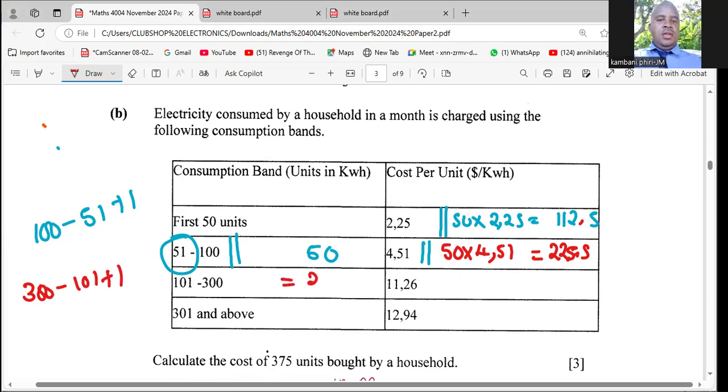So for the next 200, what will be your cost? So here we are going to say 200 times 11.25.